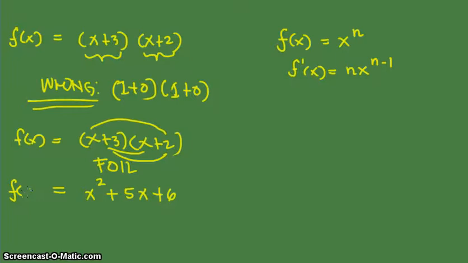Now, since we were able to transform x plus 3 times x plus 2 into a polynomial expression, then the basic rule of differentiation will now work. So the derivative is equal to 2x plus 5, which is entirely different from the one if we had used the basic rule on each factor.